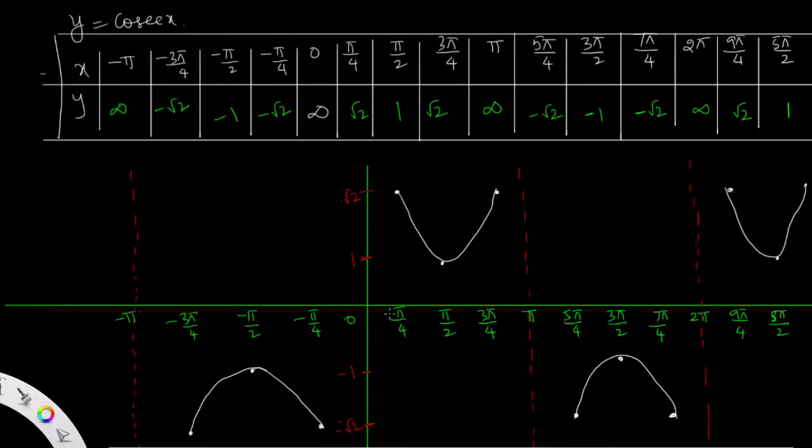Okay, like this. From this we can observe the graph of y equal to cosecant x.